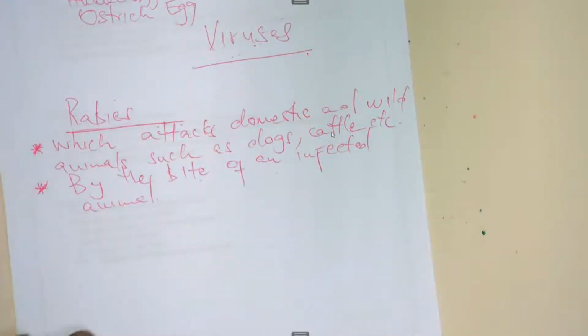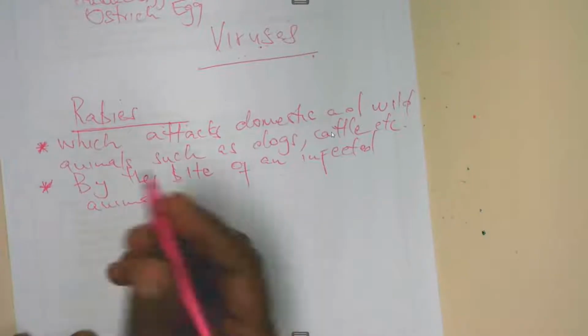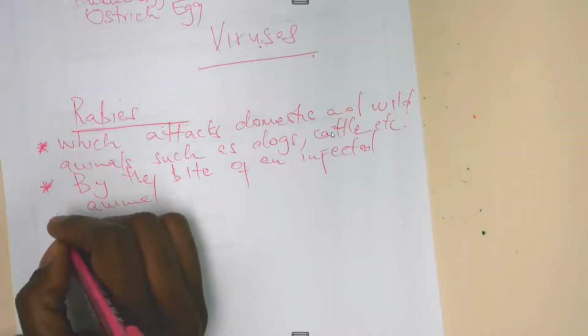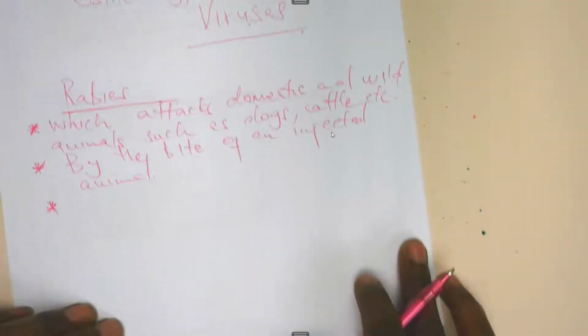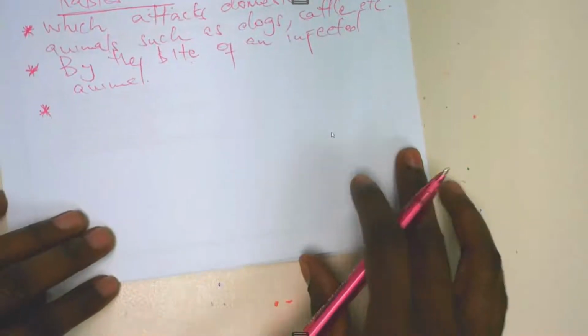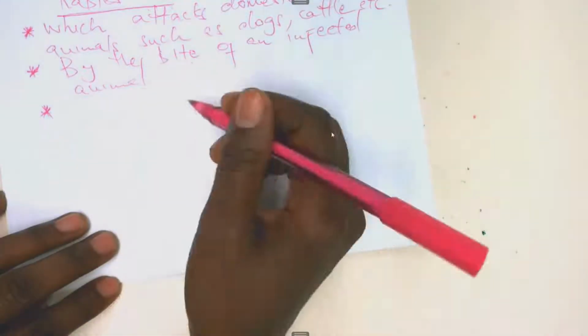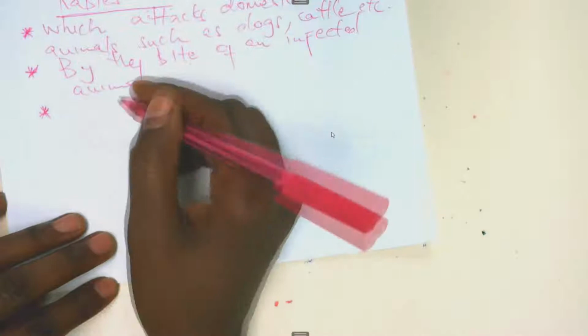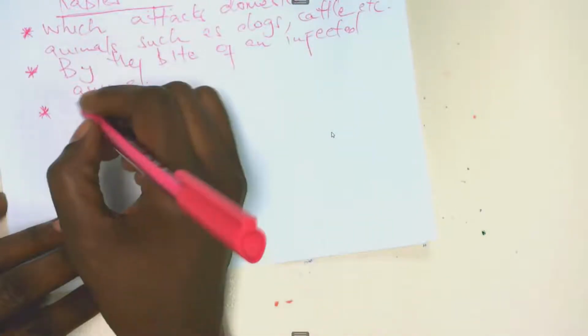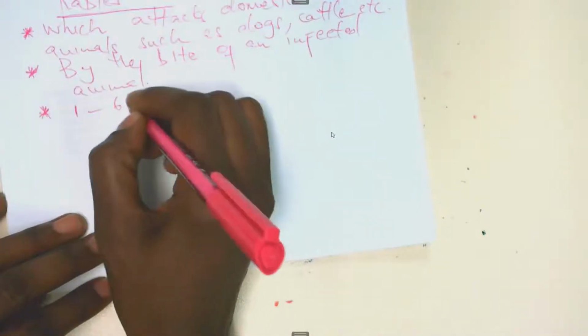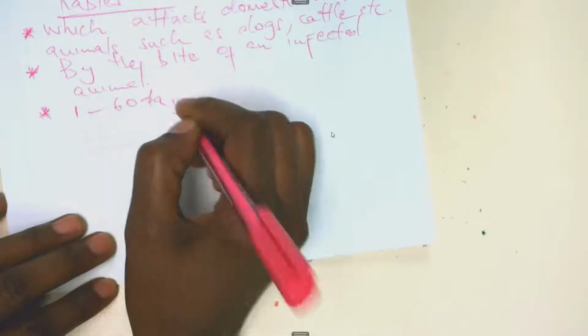And then effects on humans. A person infected with rabies will be incubated for a period of 1 to 60 days.